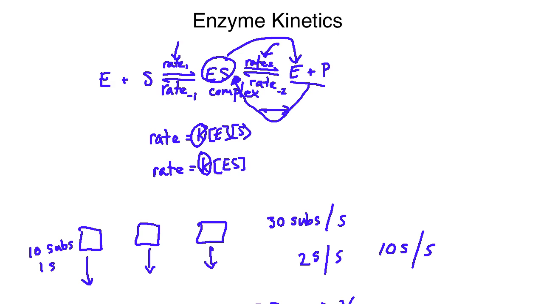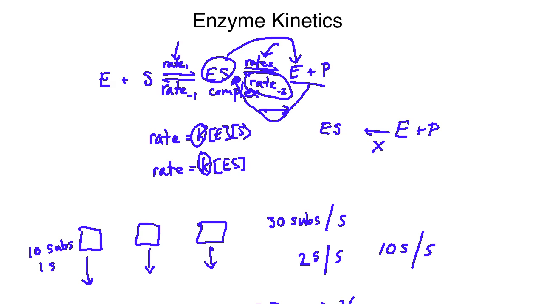The reverse rate, rate -2, is almost non-existent. So that's known as the steady state assumption, that we will not have enzyme and product readily going back to the enzyme substrate complex. We can ignore that when we are working with our kinetics.